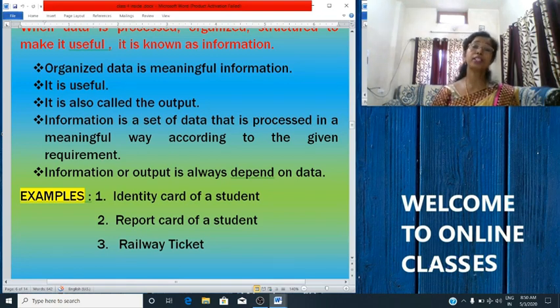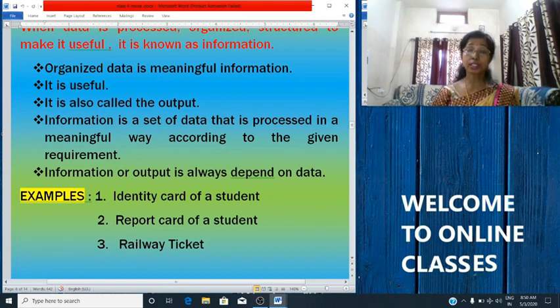If I say one more example, that is a railway ticket. Here the data will be the name of the person who travels, source and destination of journey, from where to where he is traveling, and age of the person, date of the journey, etc. are the input, are the data we give to the computer.